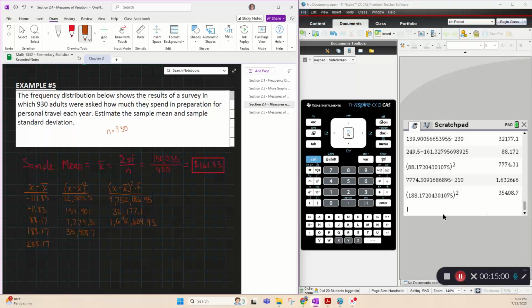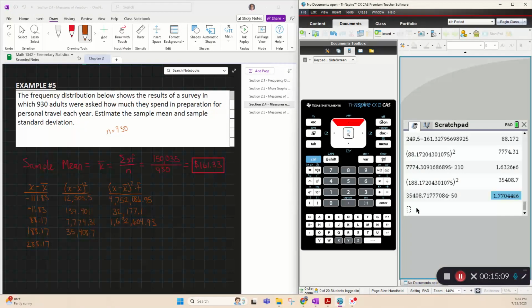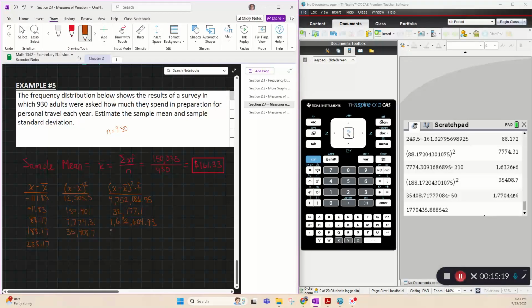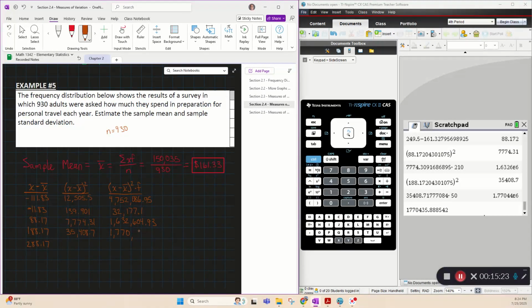And then I'm going to times it by its frequency, 50. I need that whole number. It's going to be 1,770,435.89.